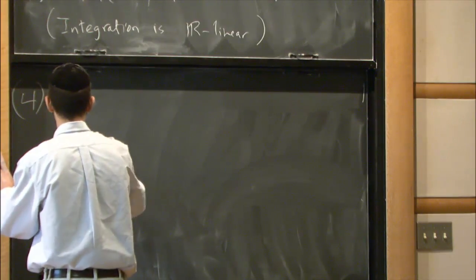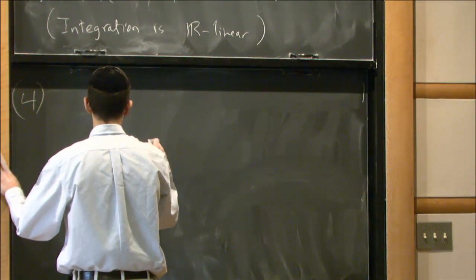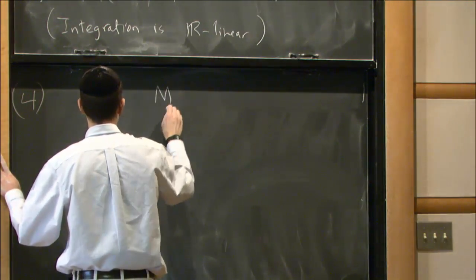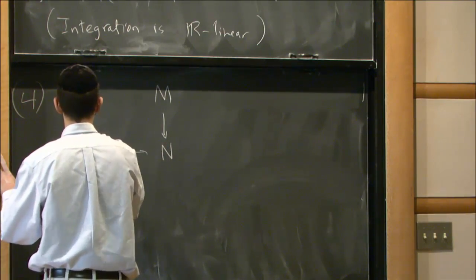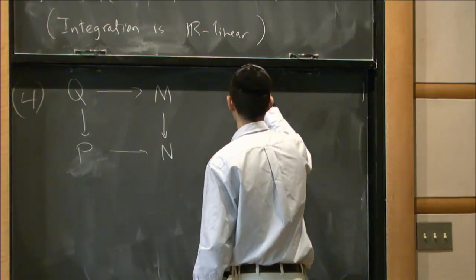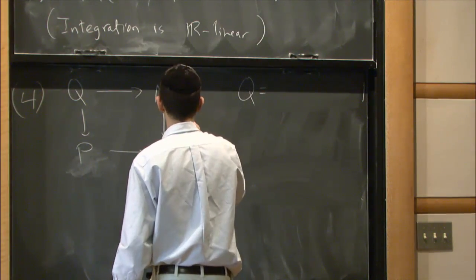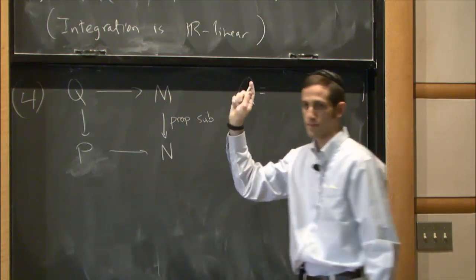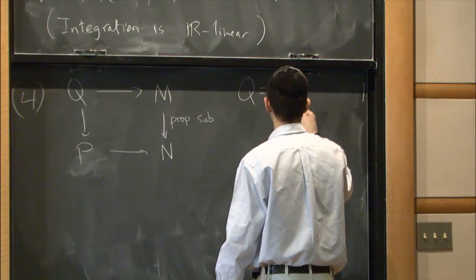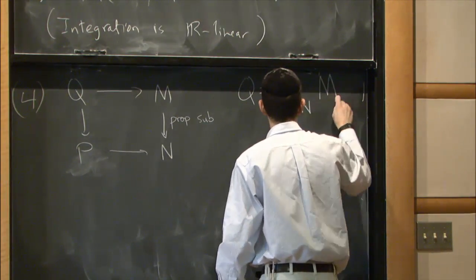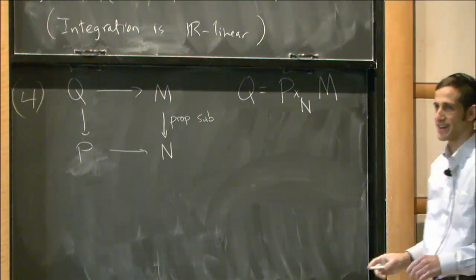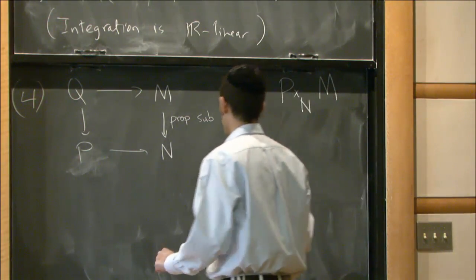if we have a Cartesian square, M goes to N, and P and Q. Let's suppose this is a proper submersion, so that means that this pullback is well defined. Then Q is the fiber product. What I'm saying here depends on a certain orientation convention for fiber products, but it's still true.